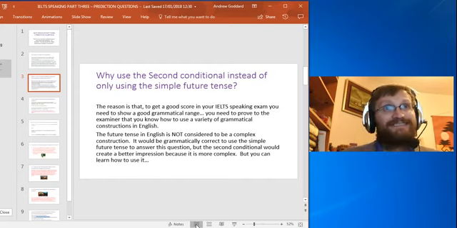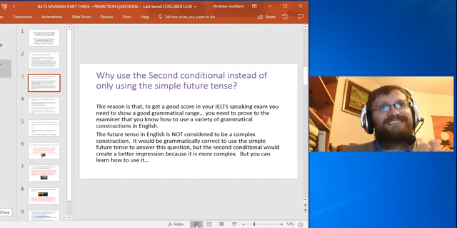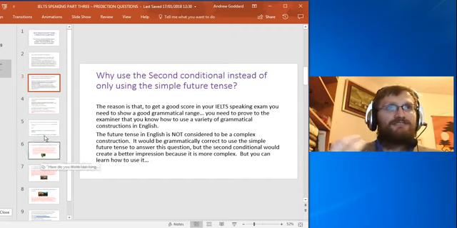It would be grammatically correct to use it, but the second conditional would create a better impression because it's more complex. And that's the answer to the question, why should you use the second conditional instead of only using the simple future tense to answer these prediction questions?